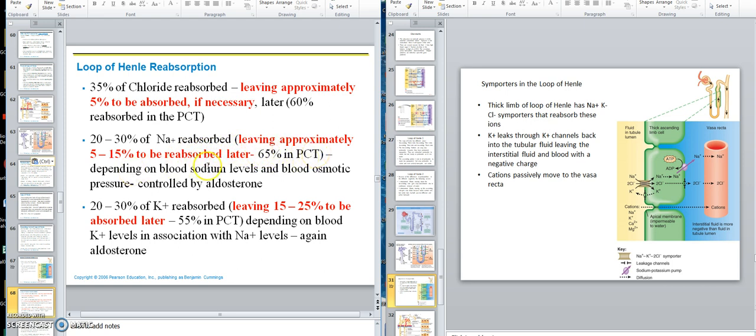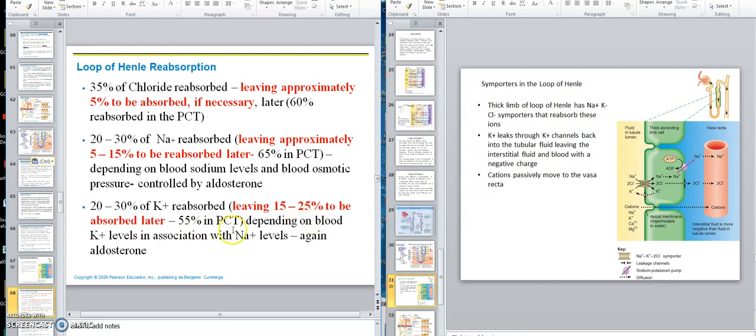Depending on your blood sodium level and blood osmotic pressure, we're going to show a hormone that controls that. So right now, what we're sitting with is 5 to 15% of sodium still in the tubular fluid as it leaves the loop of Henle. And here, 20 to 35% of potassium reabsorbed, leaving 15 to 20% to be reabsorbed later, because 55% was absorbed in the PCT.